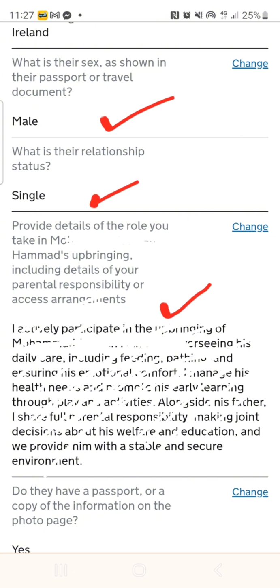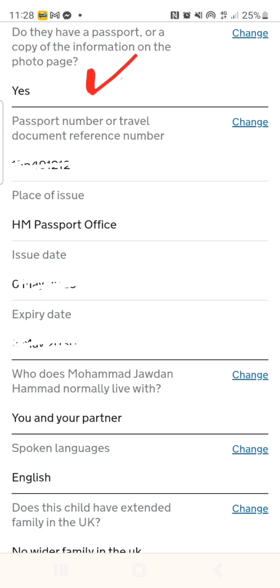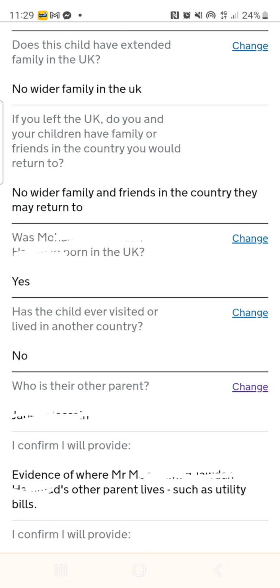Provide details of your child's upbringing including details of your parental responsibilities, what you do for your child, your responsibility. Do they have a passport? Yes. Passport number of your child, place of issue, as a British citizen, so it's HM Passport Office, issue date, expiry date. Does this child have extended family in the UK? No. Wider family in the UK? No.